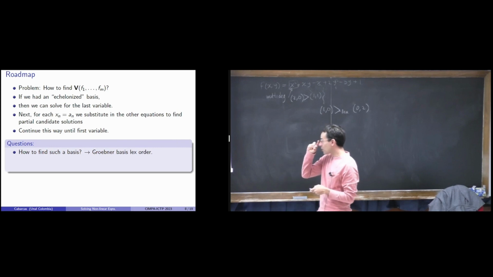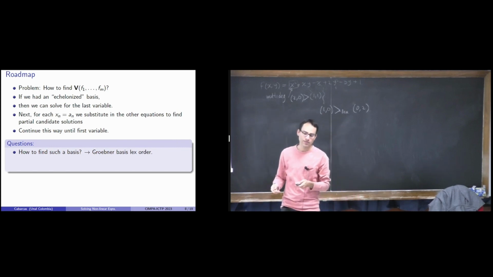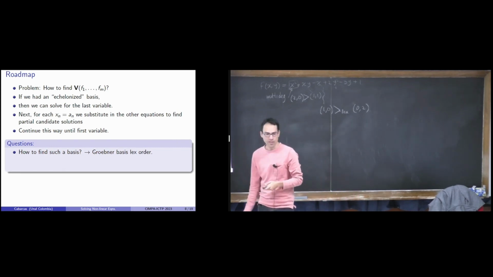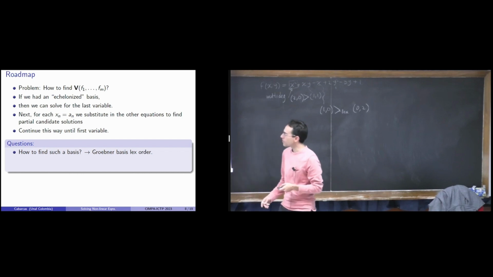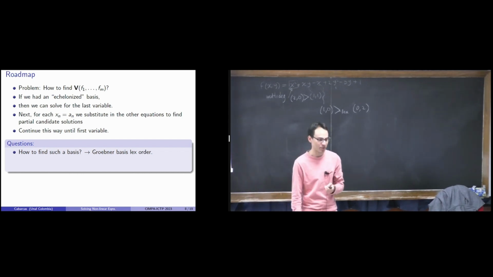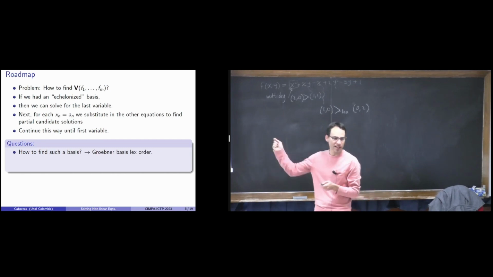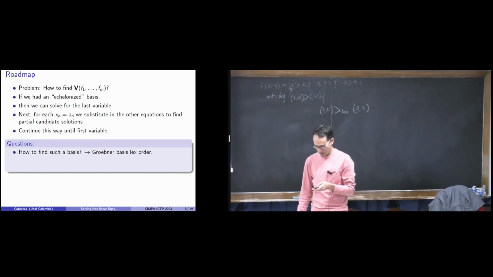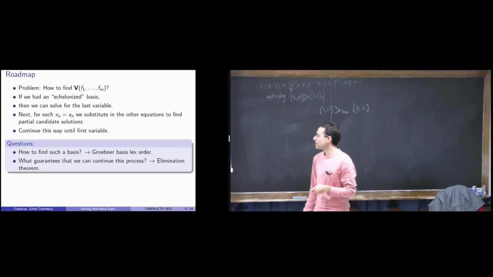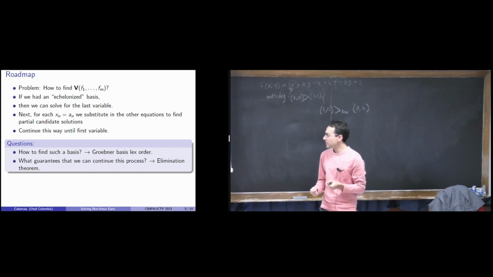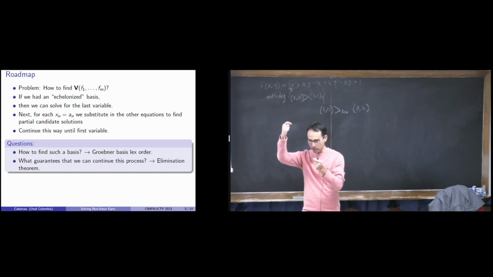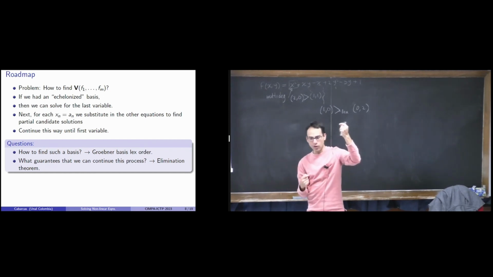So how do we find such a basis? And the answer is with a Groebner basis. That's what a Groebner basis is in the Lex order. We'll see that a Groebner basis in Lex order gives us exactly what we want. And the other question is, what guarantees that we can continue this process, that we can get all solutions doing this back substitution?